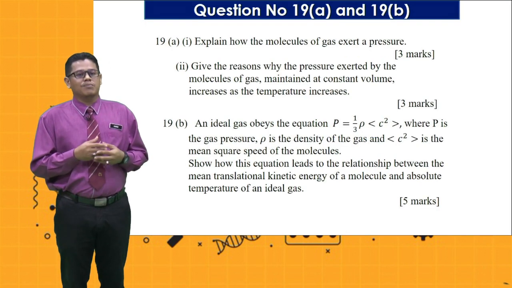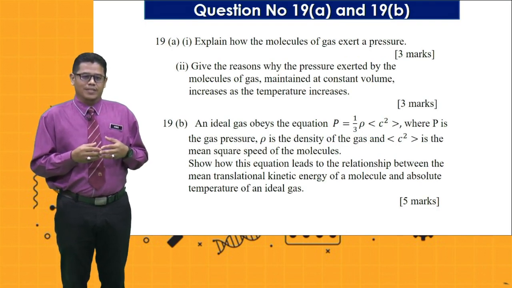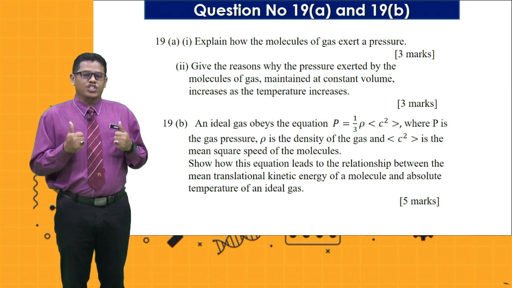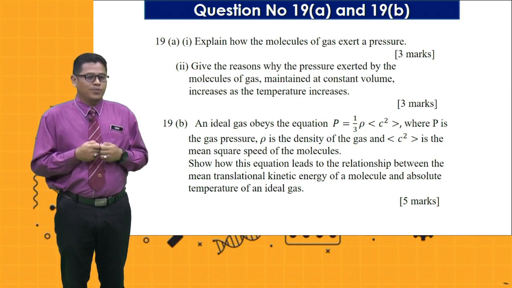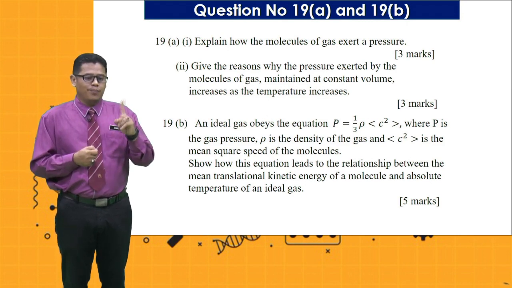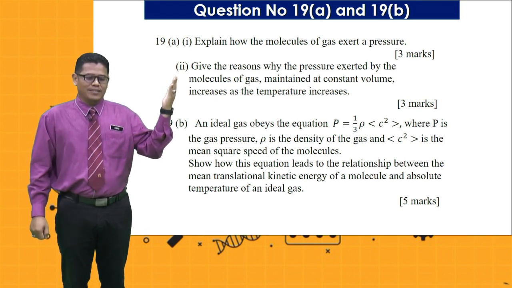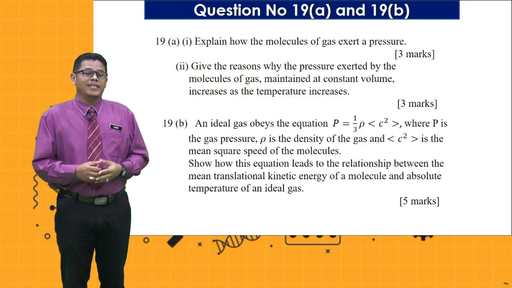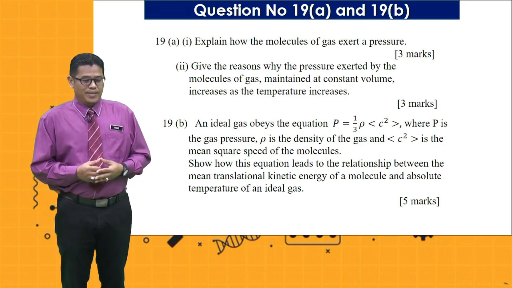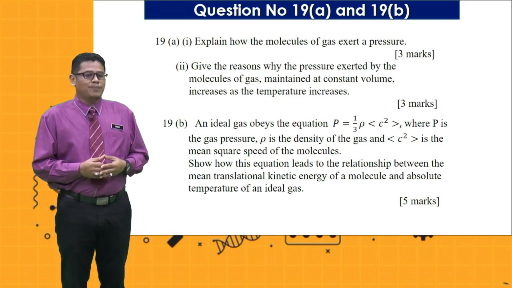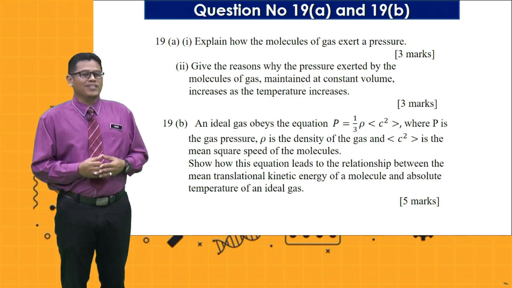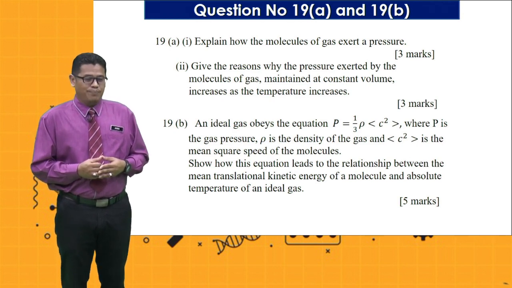Now let us observe the example of a question based on the Kelantan Chong Hwa Model STPM 2021 for term 1. Here we have the question for 19A and 19B. 19A: explain how the molecules of gas exert pressure, 3 marks.